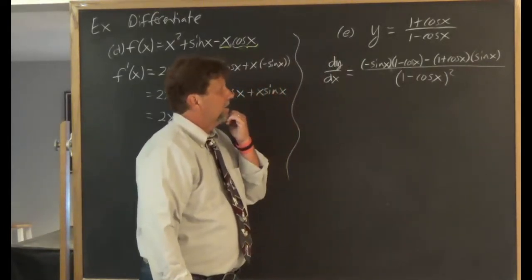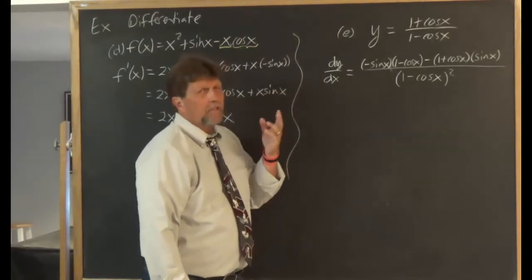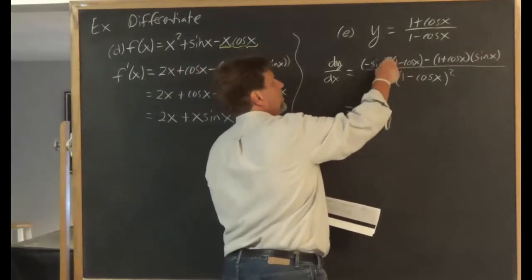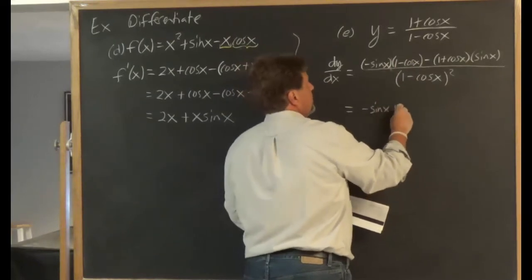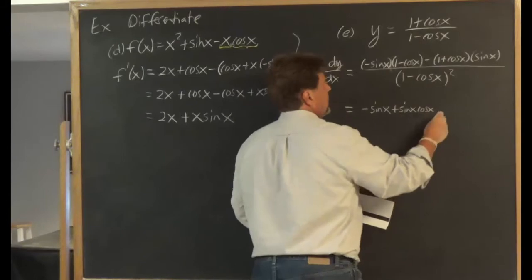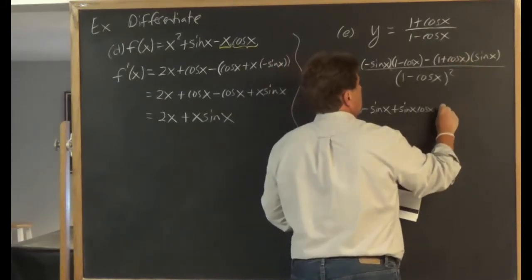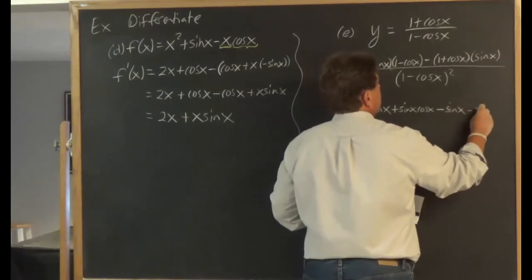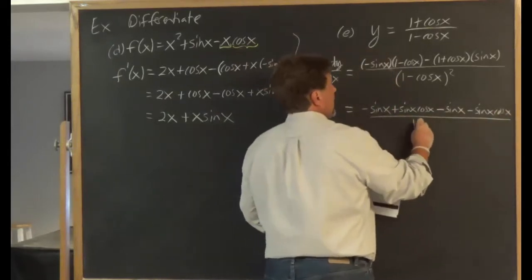And do we want to simplify this? Let's go ahead and simplify it. Let's distribute a negative sine x here. So we have a negative sine x plus sine x cosine x. And then let's distribute the negative sine. So we'd have a minus sine x minus sine x cosine x all over the denominator squared.